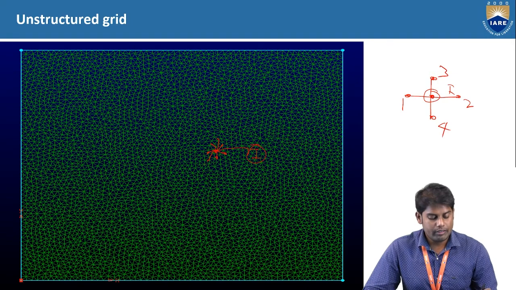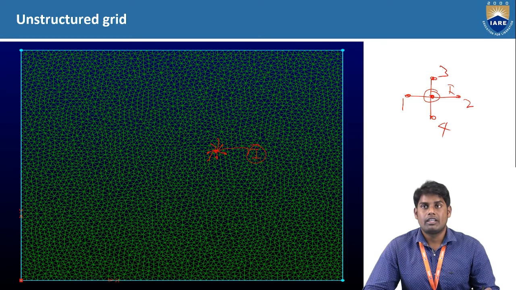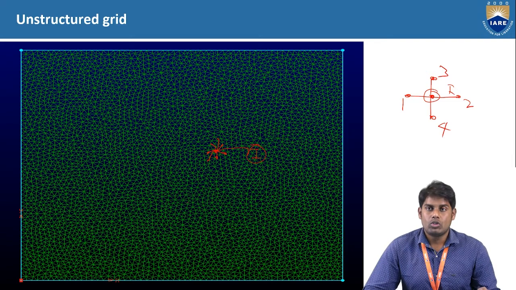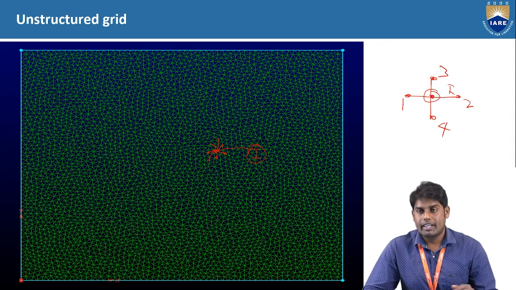Therefore this unstructured grid will be used only for complex geometries. For simple and regular boundaries, there is no need of using unstructured mesh. Why? Because the connectivity is complex.